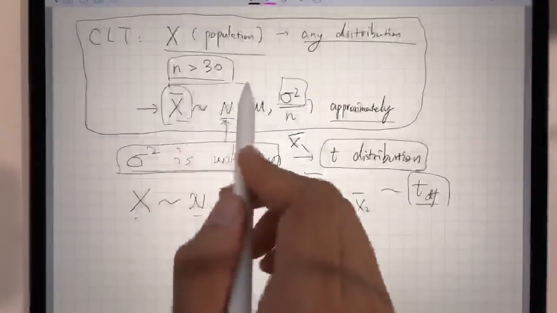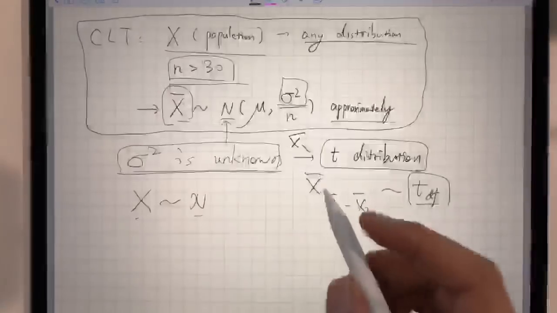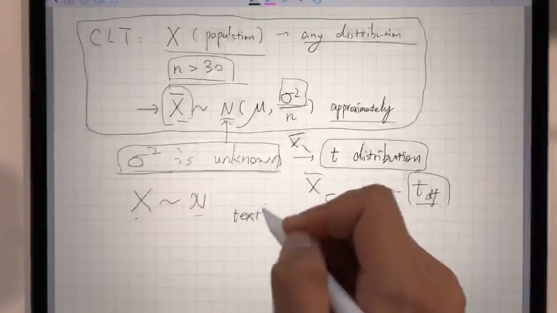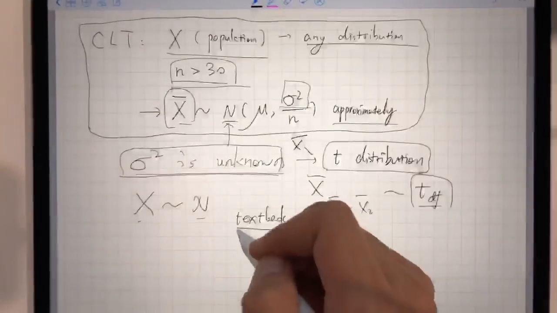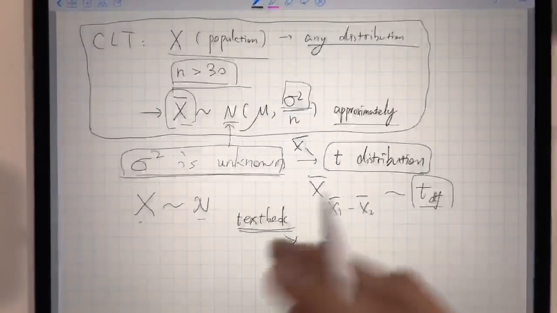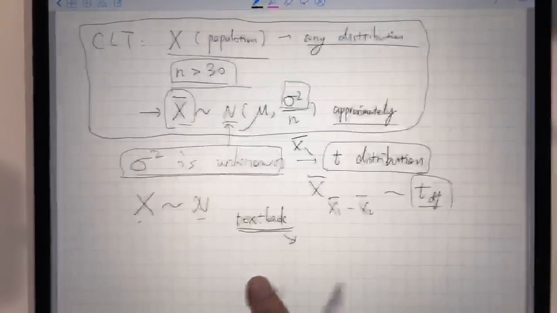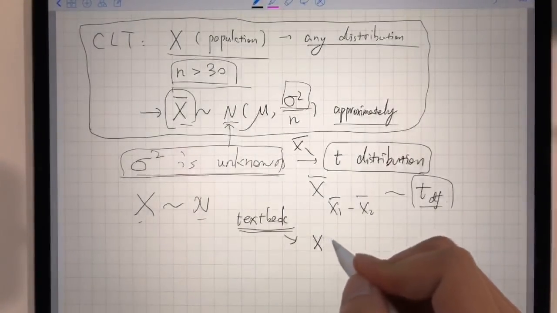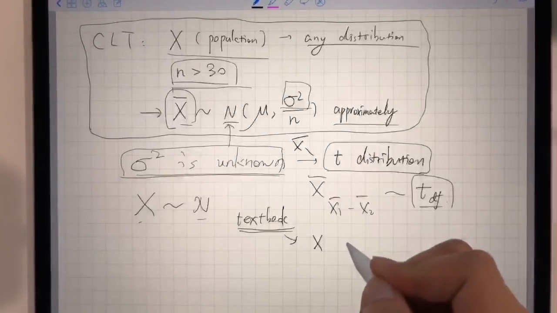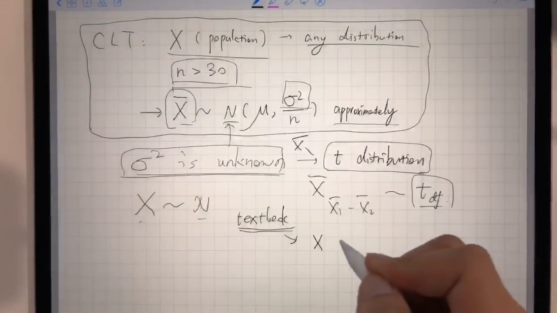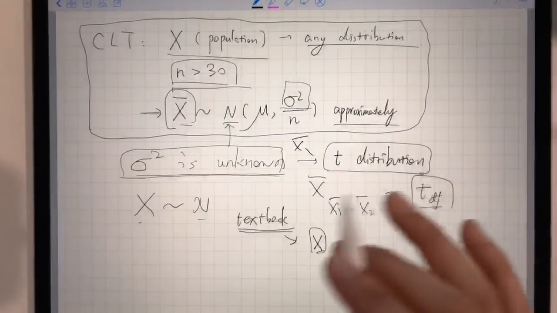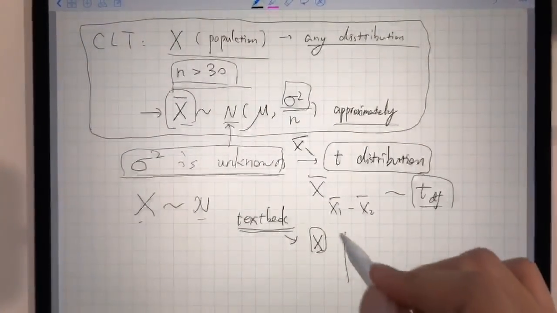Even though n is greater than 30, we prefer, if you read your textbook carefully, it says the population x can be not normal, but not that non-normal, okay? We'd better make it still symmetric and looks nice.